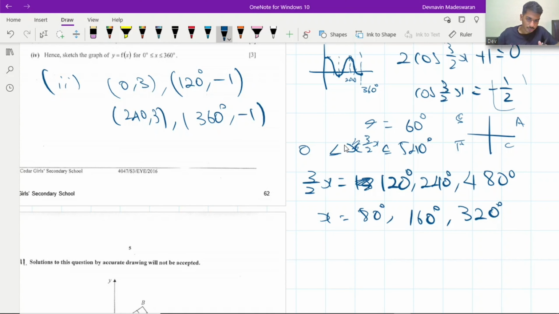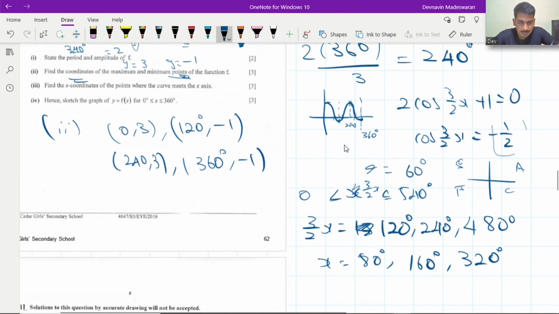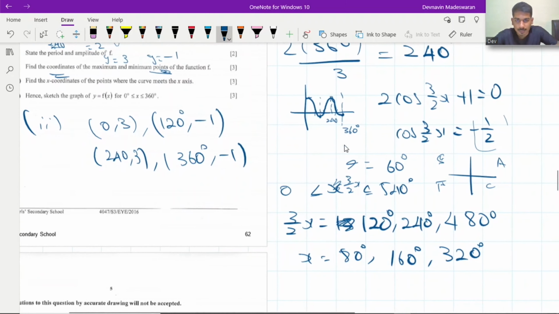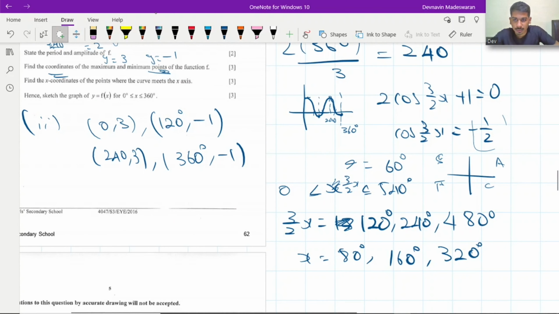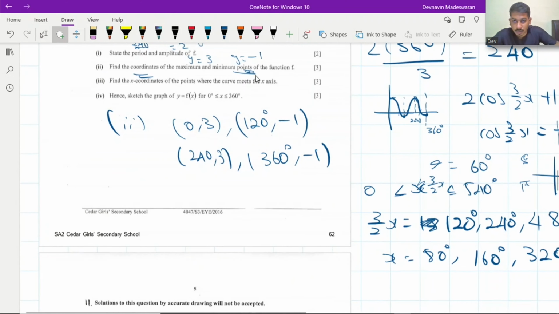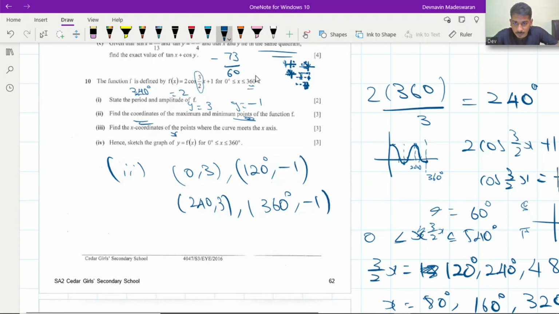So there are these 3 points where it's going to be cutting the x-axis. I'll just write it down. X is going to be equal to 80 degrees, and then 160 degrees, and then 320 degrees. Okay, and then now sketch the graph.